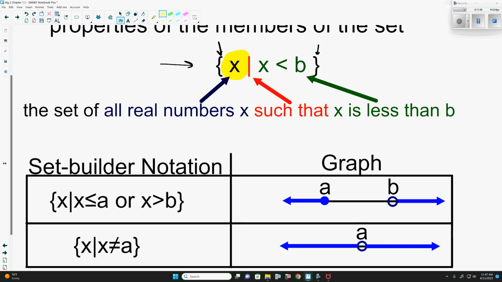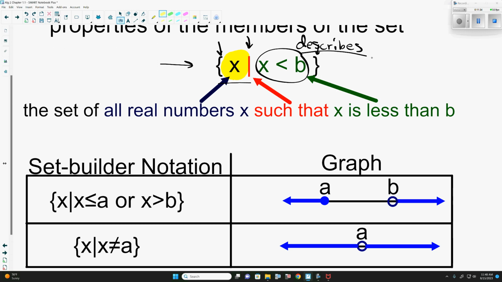The other thing that it will always have after that is a bar, which is understood to be such that. So the set of all real numbers such that this part here describes what we have.